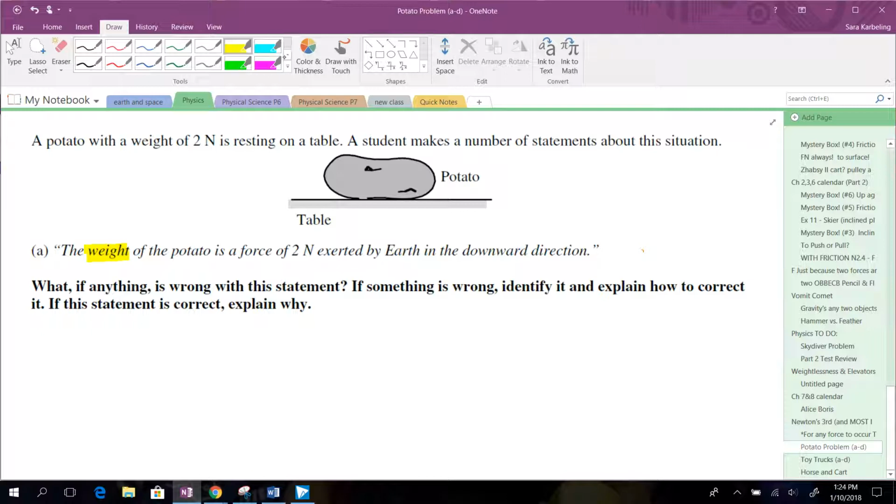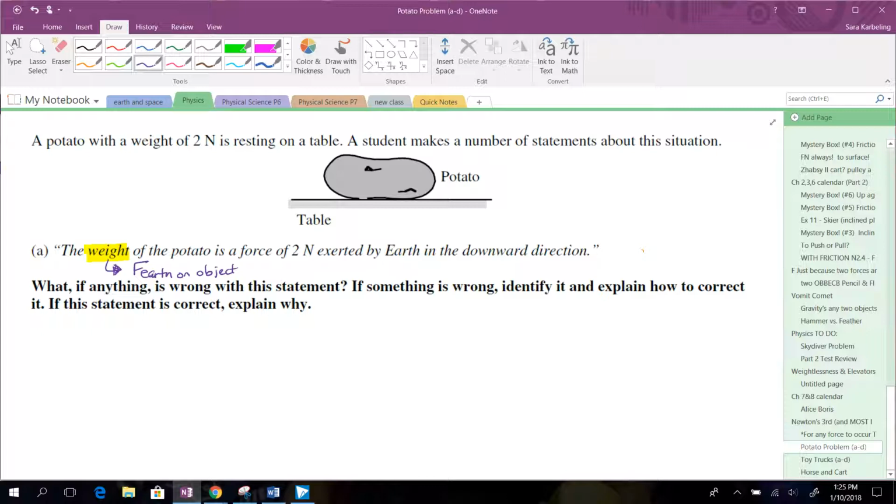So if you were second guessing yourself, let's write it down right now so we don't forget. The weight is the force of the earth on an object. In this case, that object is a potato. Knowing that may change your answer. The weight of a potato is the force of 2 newtons exerted by the earth in the downward direction.